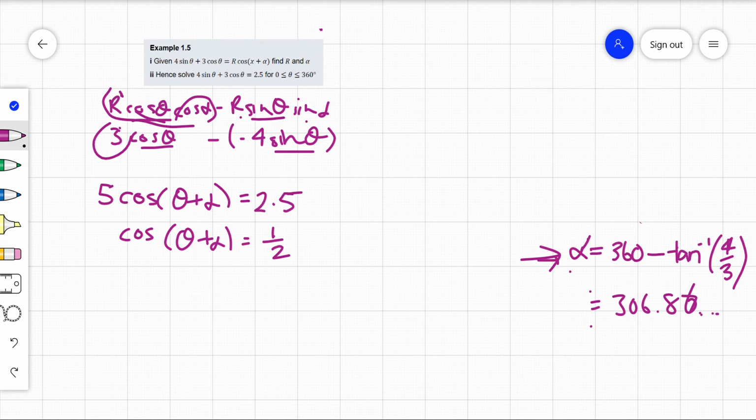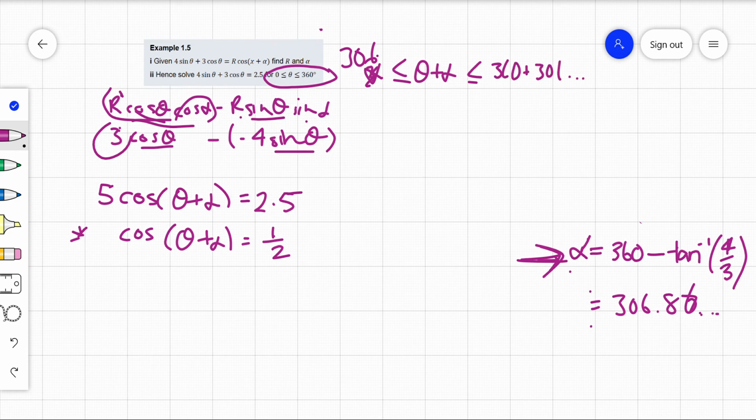Remember that theta, we're saying here, is between 0 and 360, but we're solving right now for theta plus alpha. Now remember, alpha over here is 306. So really I need to add 306 to each limit: theta plus alpha is between 306-something and 360 plus 306-something. Those are the quadrants I'm going to look in.